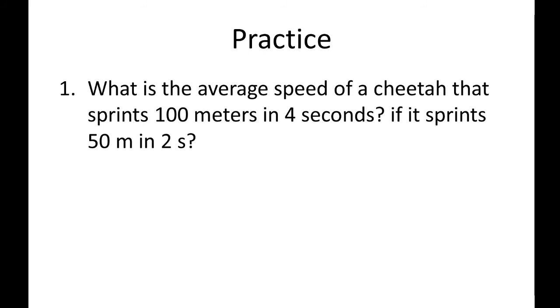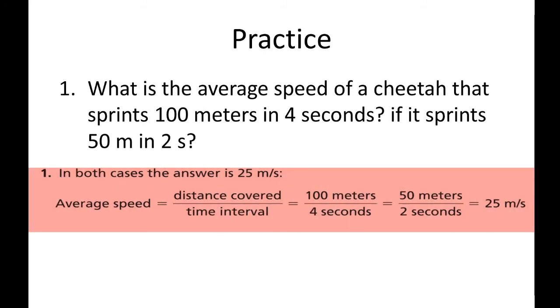If it sprints 50 meters in 2 seconds, then that will be 50 divided by 2, still 25 meters per second. So the solution is here. So average speed is distance covered over time interval, and that is 100 divided by 4 or 50 divided by 2. Both of them equals 25 meters per second. So in both situations, the speed of the cheetah is the same.